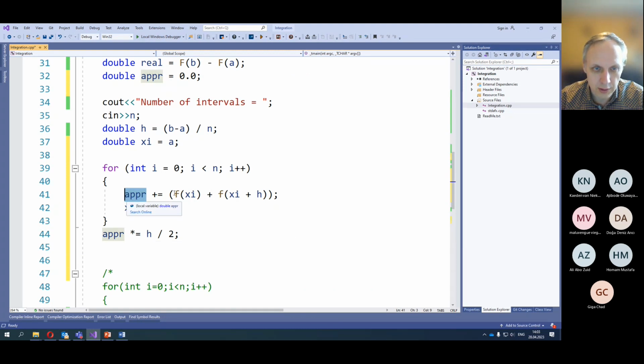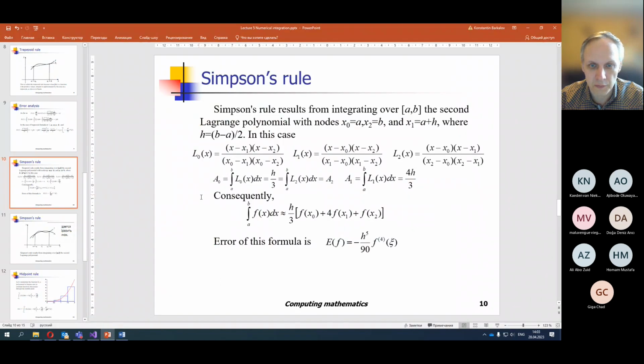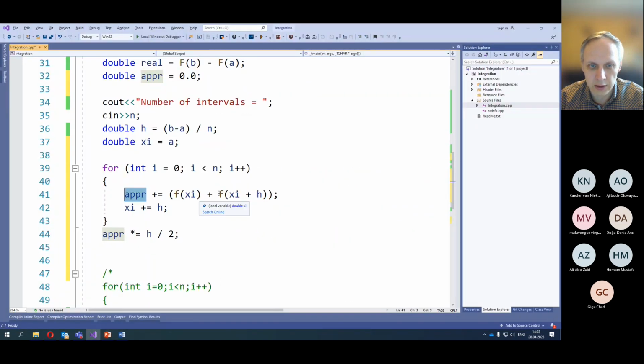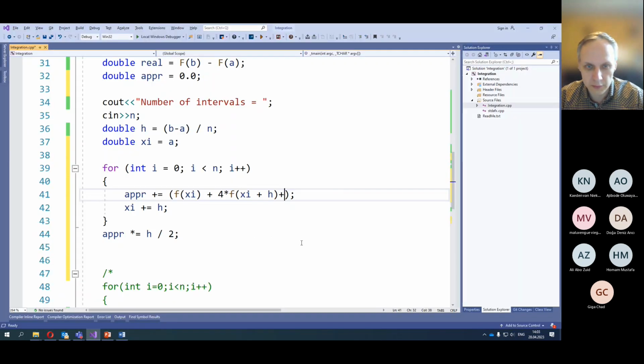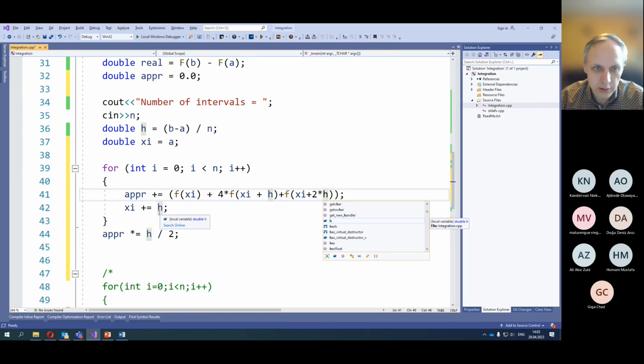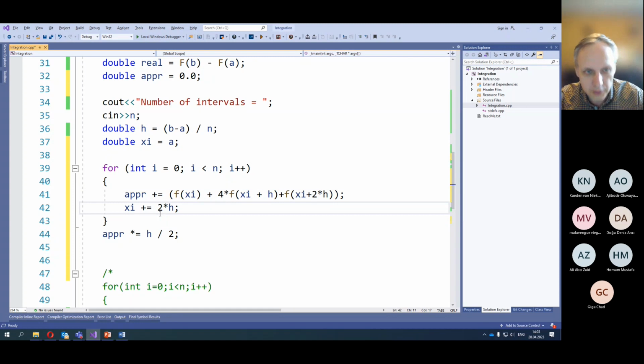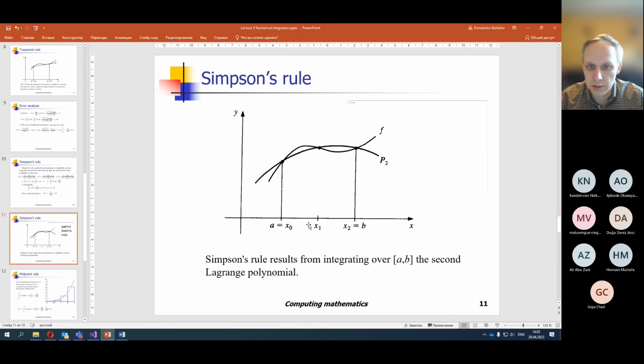What should we do? We should add here f of xi, plus 4 times f of xi plus h, plus f of xi plus 2h. And pay attention that we should move the point xi not by one step h, but by 2 steps, h plus h.